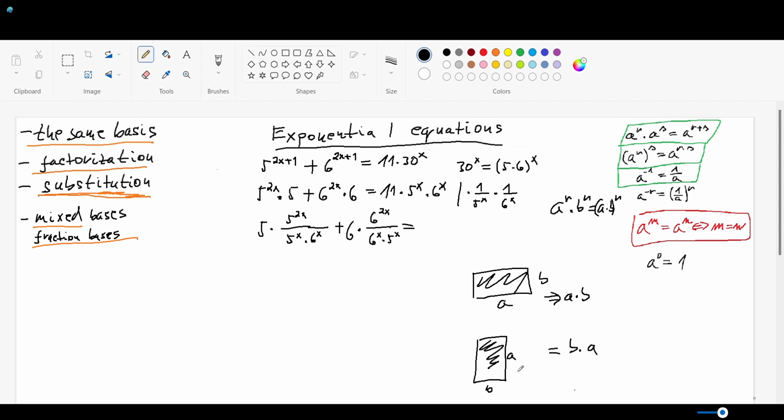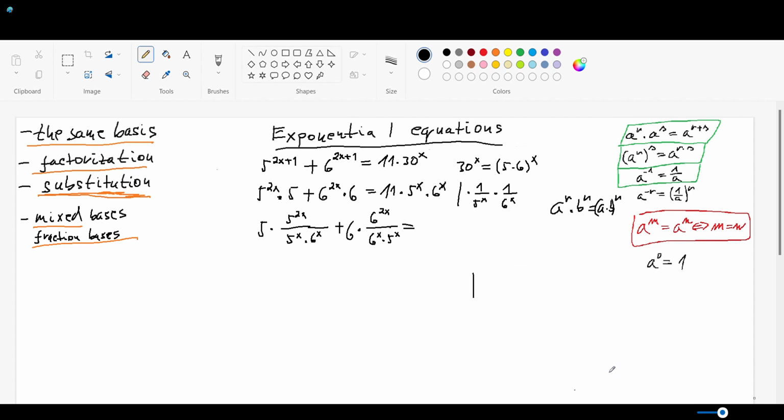We just rotated the rectangle 90 degrees. That's how you can understand that it doesn't matter if you multiply A times B or B times A.